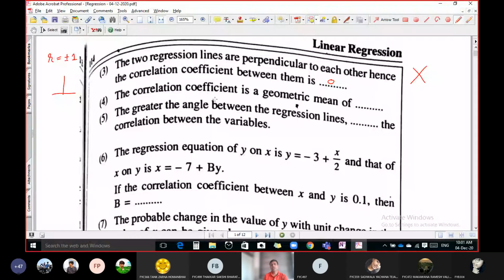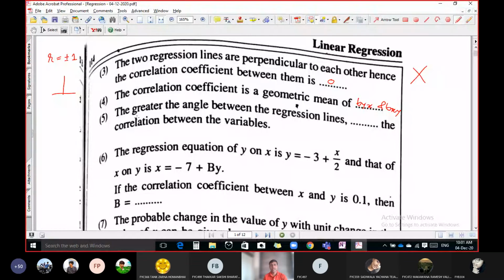The correlation coefficient, that means R, is the geometric mean of what? BXY and BYX. Correct. So you can say that the correlation coefficient is the geometric mean of the regression coefficients.